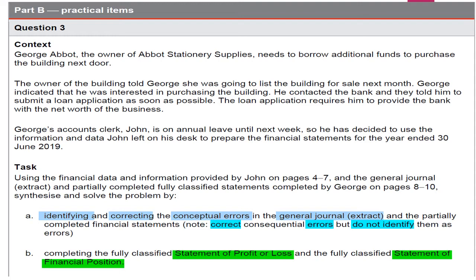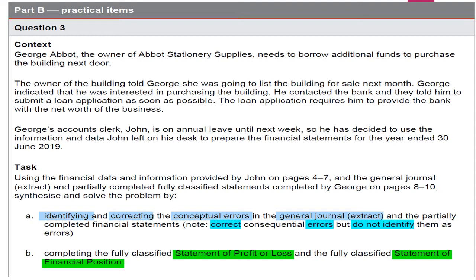Now, important, it says the task is to identify and correct the conceptual errors in the general journal extraction which was given. It also says note, correct the errors but do not identify them. To me, the more important thing is, and you'll probably get an Excel sheet with the statement of profit and loss and statement of financial position with these mistakes, my tip to my students is do not waste too much time looking for these errors.